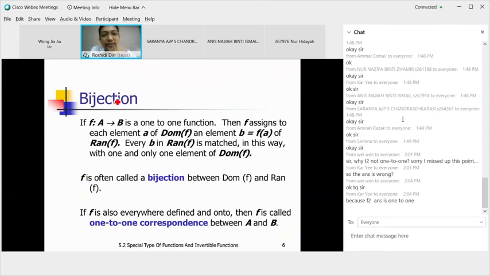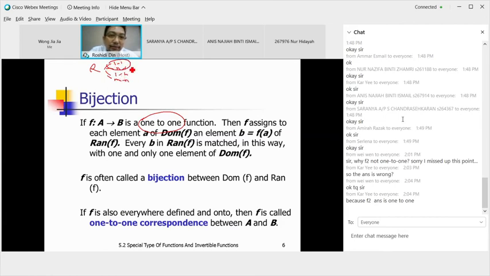Okay, then bijection. Bijection is a function. Specifically, we focus on a one-to-one function, and we call it bijection. There are 4 types of relation: one-to-one, many-to-one, one-to-many, many-to-many.